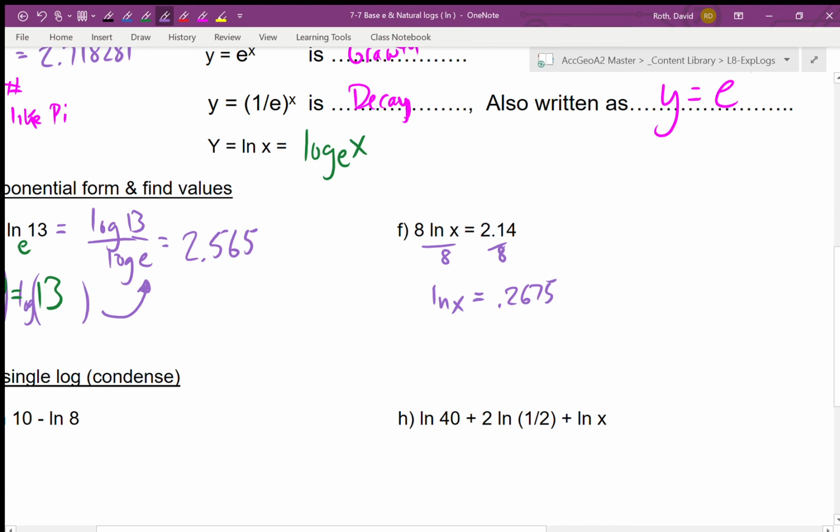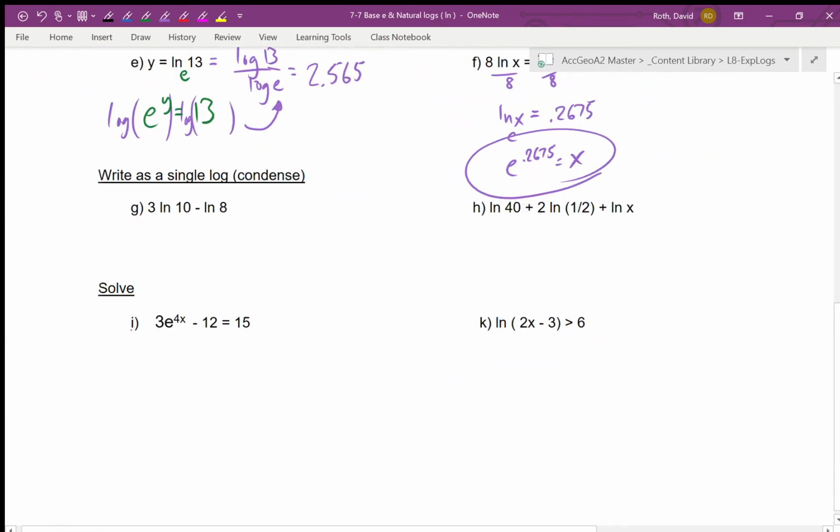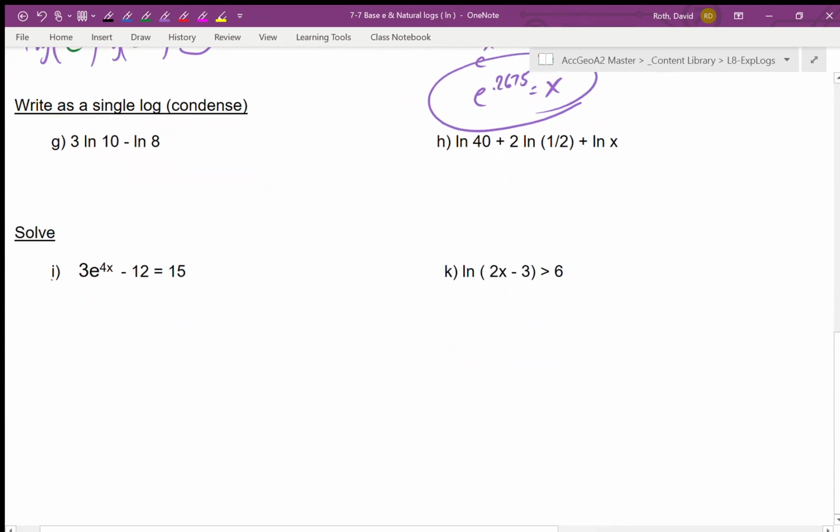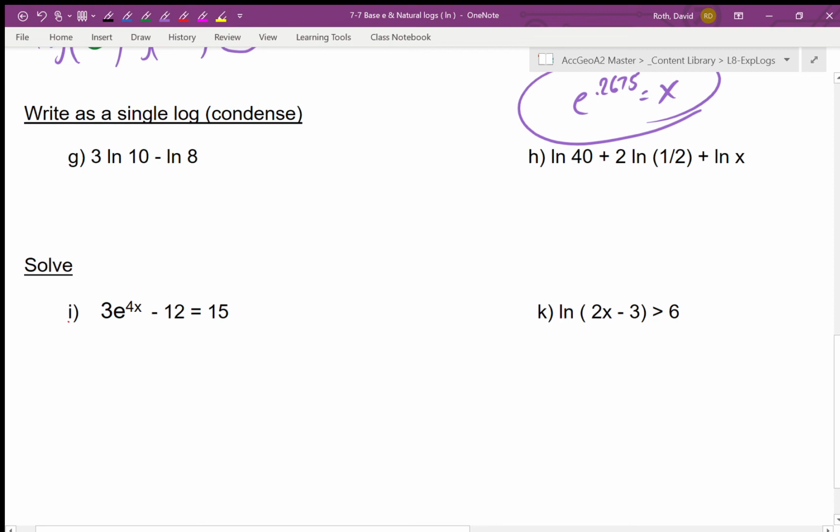Now, how can I do this? Can I map this and say e to the 0.2675 is equal to x? Yeah, that'll work. We'll go through all the basic properties, but this is really no different than working with log base 10s or log base 3s that we were working with.